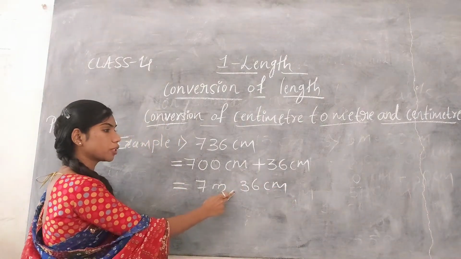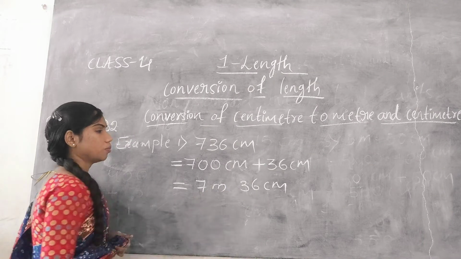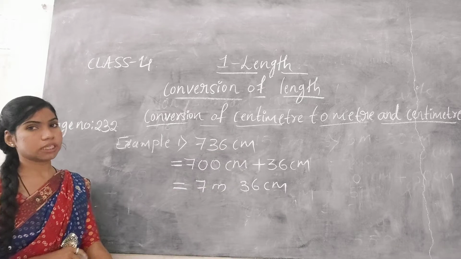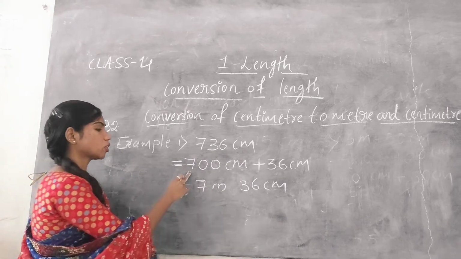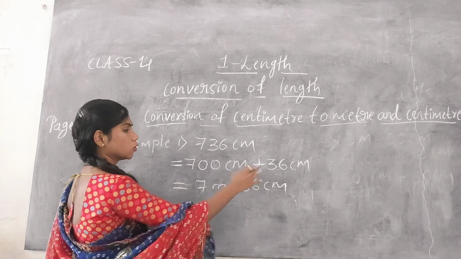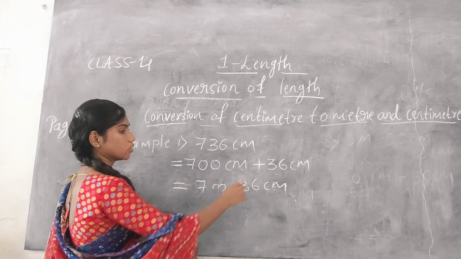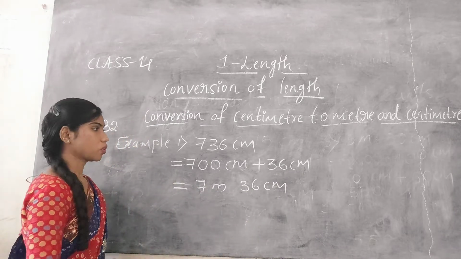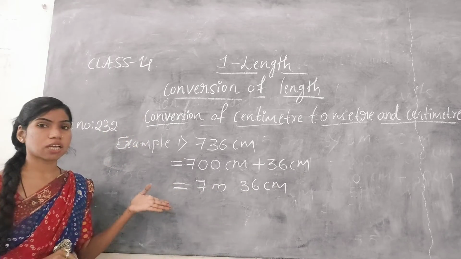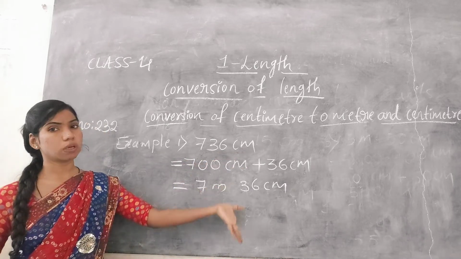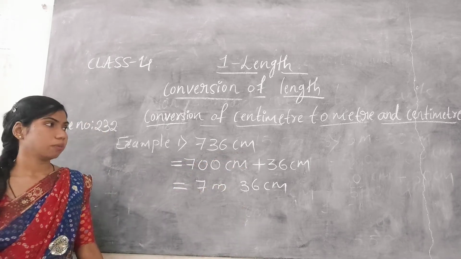Here don't put a plus sign, because we have to convert the centimeter into meter and centimeter. Just write 36 centimeter. This way we can convert 736 centimeter into meter and centimeter.